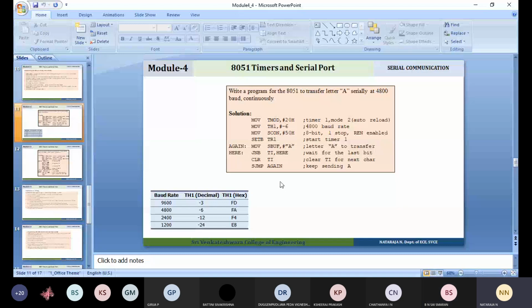Write a program to transfer a letter Y serially at 9600 baud rate continuously, and also send a letter N through port 0, which is connected to a display device.